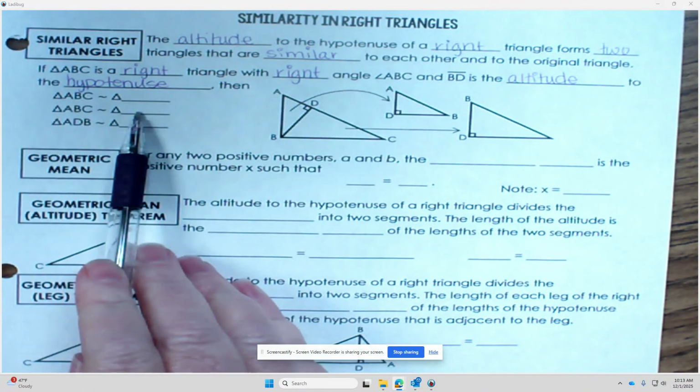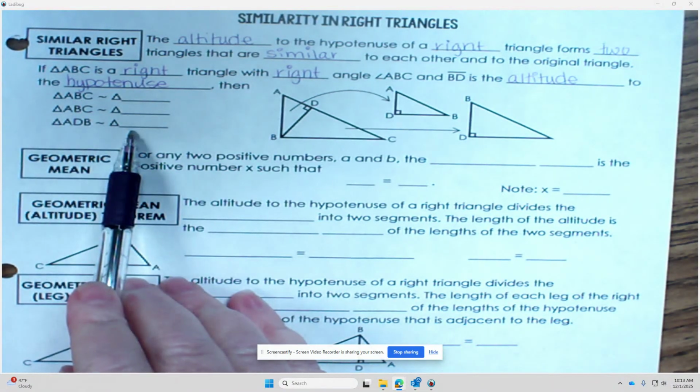Triangle ABC is similar to what other triangle? So we're going to make some similarity statements here.